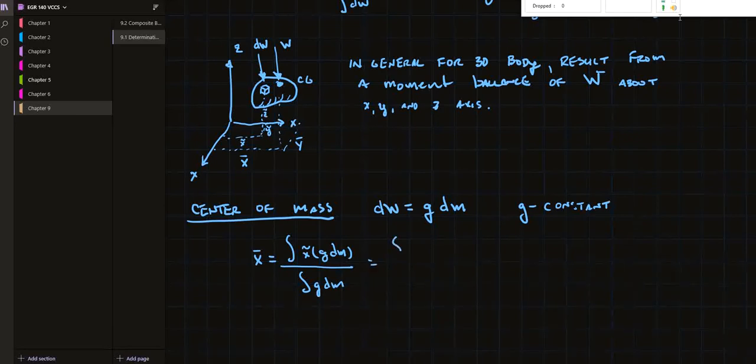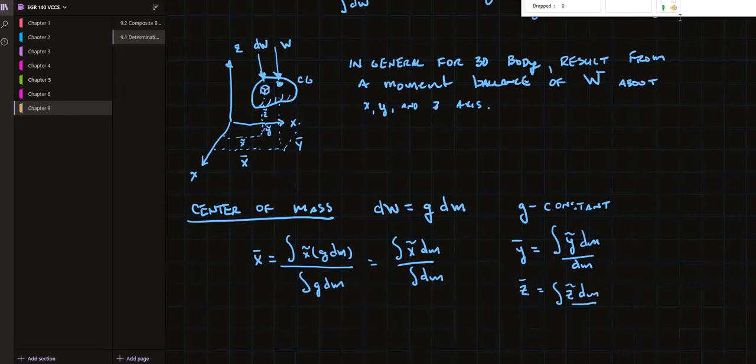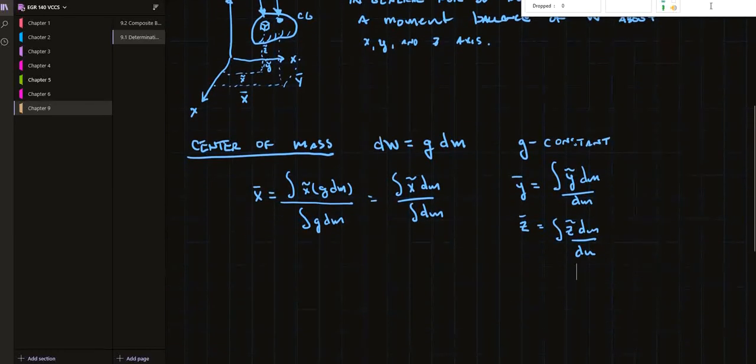So this is just the integral of x tilde dm over the integral of dm, and likewise y bar equals the integral of y tilde dm over the integral of dm, and z bar equals the integral of z tilde dm over the integral of dm. So that's for center of mass.